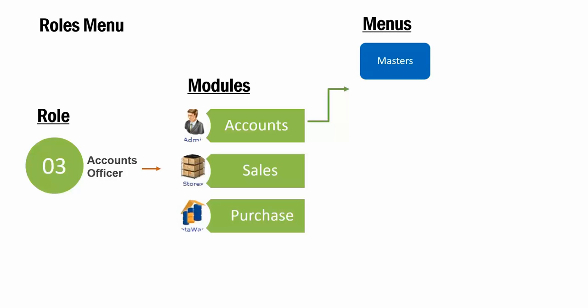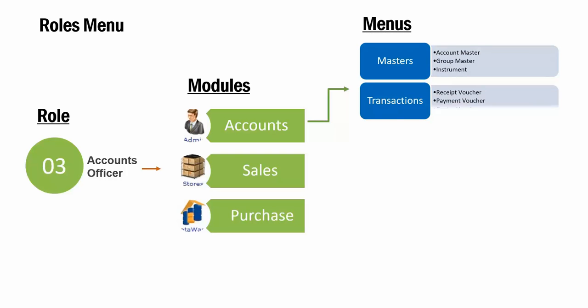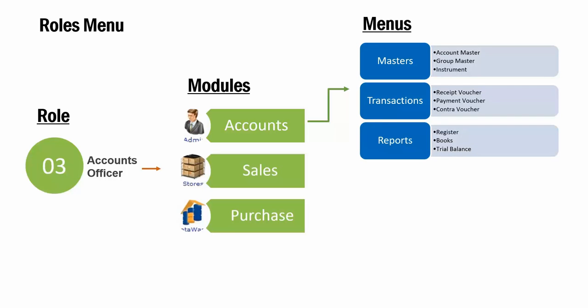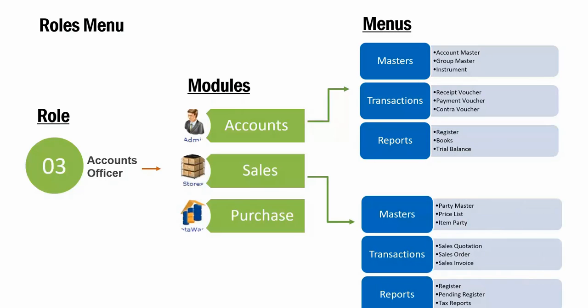Most of the menu will be classified into masters, transactions, and reports, and further menus will be grouped under each parent menus. Here we give access rights to accounts master and restrict access to group master, instrument, where he does not have access to work on it. In transaction, we give access to receipt voucher, payment voucher, and contra voucher.